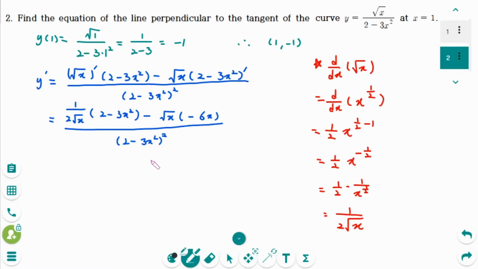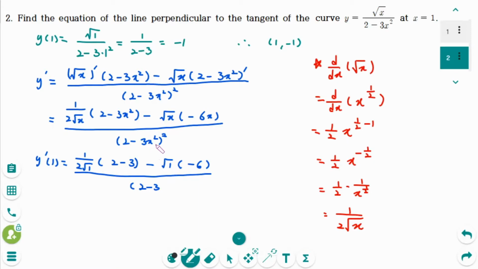We don't simplify, just put 1 into x. y prime of 1 equals 1 over 2 square root of 1 times (2 minus 3 times 1 squared) minus square root of 1 times minus 6 times 1, over (2 minus 3 times 1 squared), then squared.